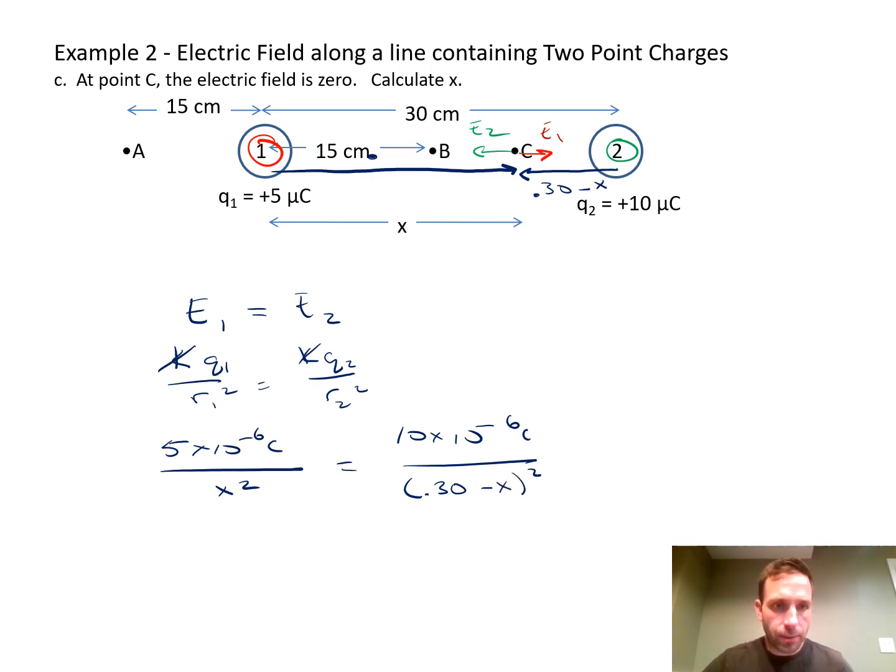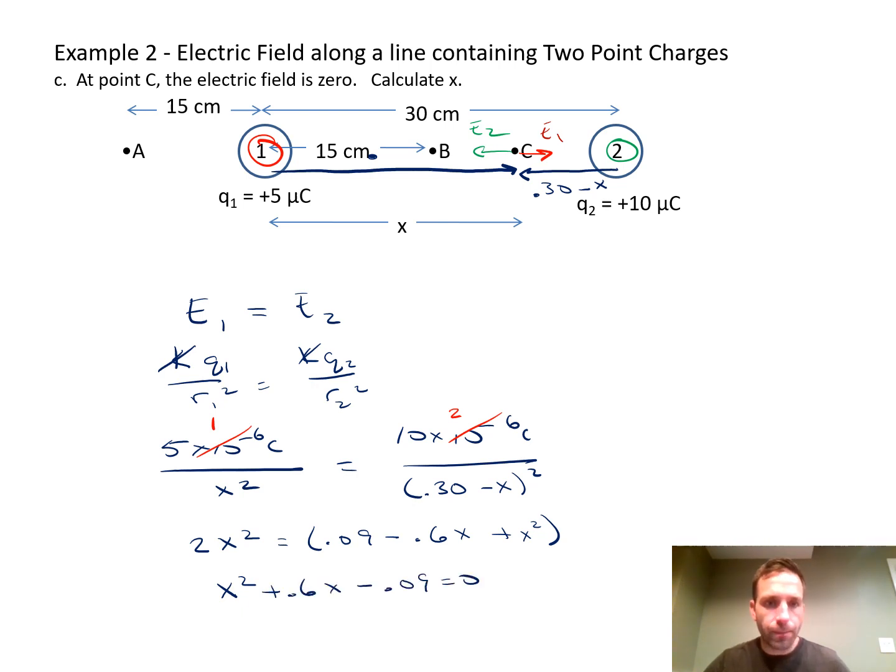To make this a little simpler, let me cross these out and divide both sides by 5 times 10 to the negative 6. I would get 1 here, and I would get 2 here, and that's certainly easier to work with. So cross multiplying, I get 2x squared is equal to, and when I FOIL this out, I get 0.09 minus 0.6x plus x squared. Bringing it all over to one side, I have x squared plus 0.6x minus 0.09 equals 0.